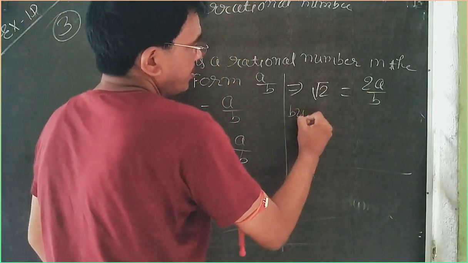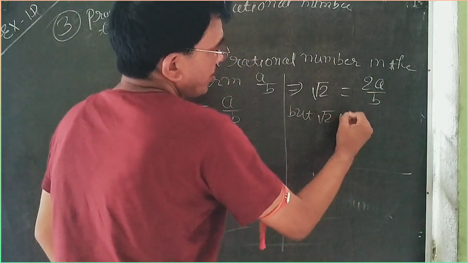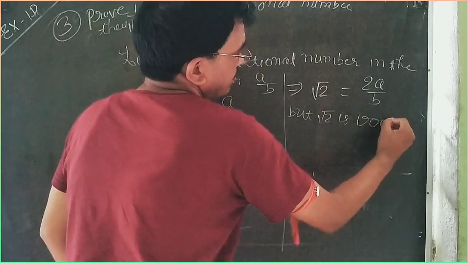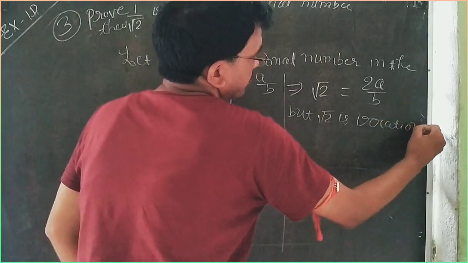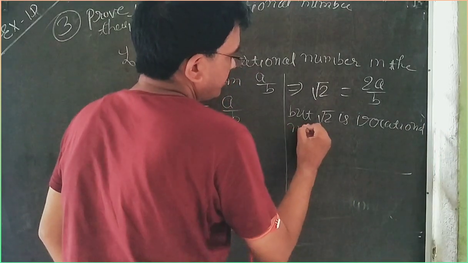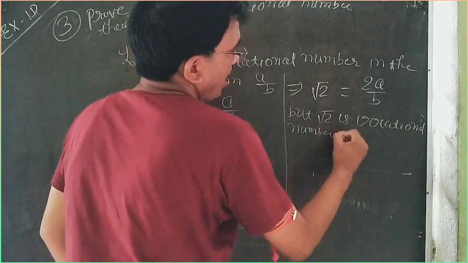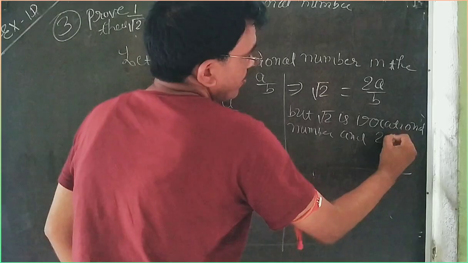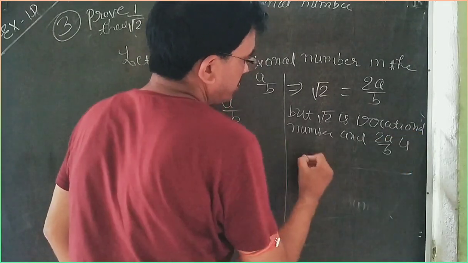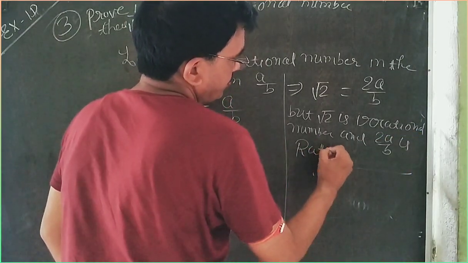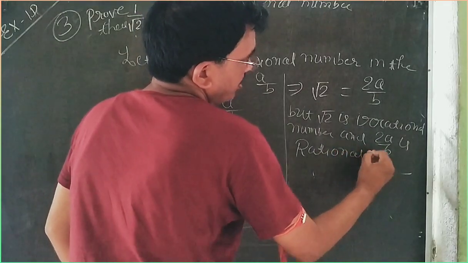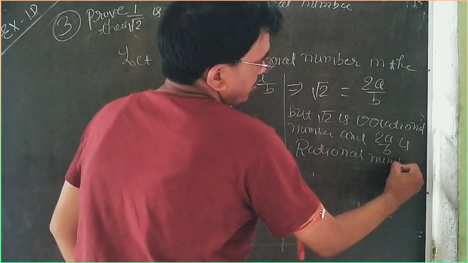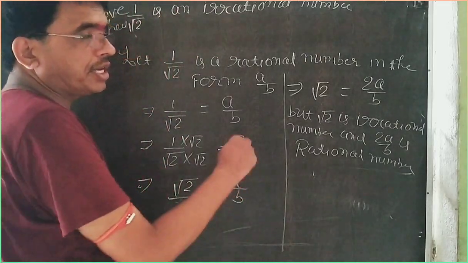But root 2 is an irrational number and 2a by b is a rational number. It is a contradiction.